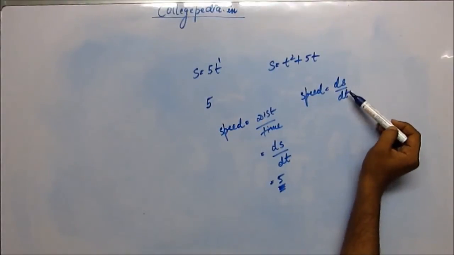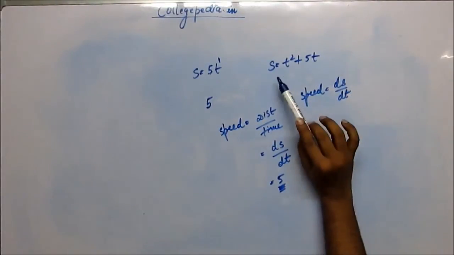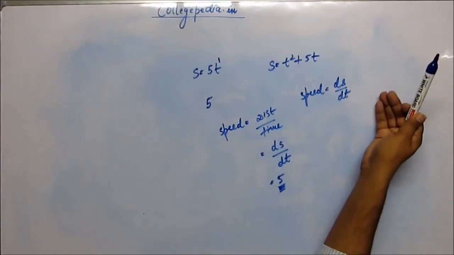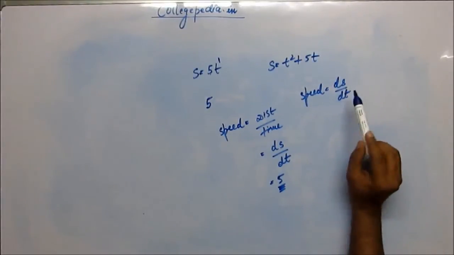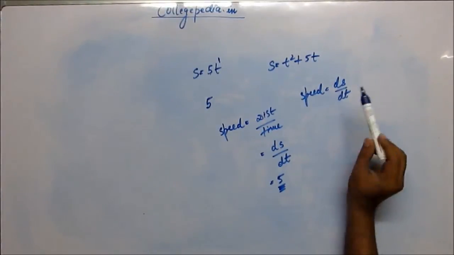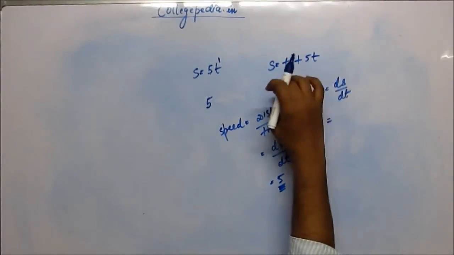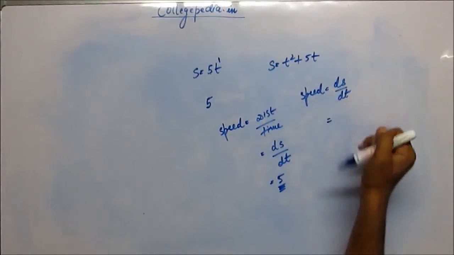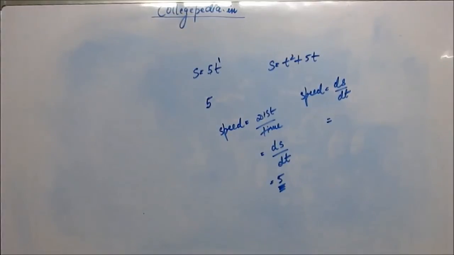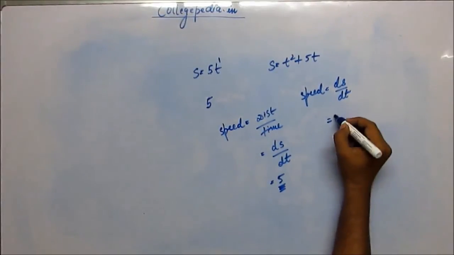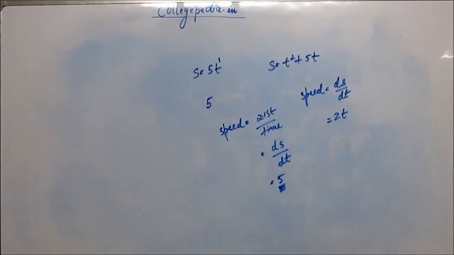Differentiation of s with respect to time, because s is a function of time, right? Remember? So ds upon dt, you will have to individually differentiate both the terms. Differentiation of t square should now slip out of your lips: 2t. Should have done practice.